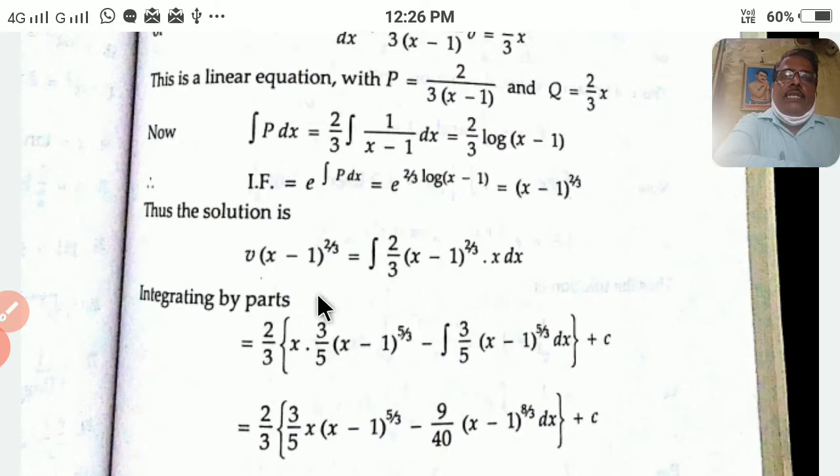Now integrating by parts: 2/3 is a constant, take that out, then take this x as the first function. Now integrate the second function.